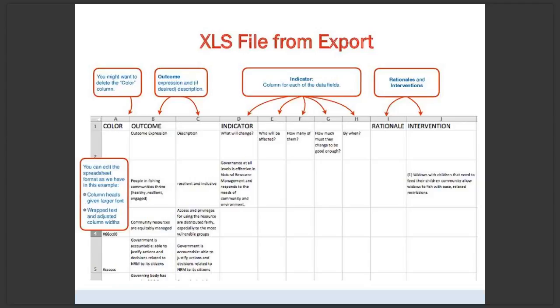But this is the color. It just reports the code. It doesn't report the color itself, but you could put the colors in if you wanted to use this spreadsheet in some way to make it clear how the outcome text corresponds to the color that you see on the map. Here's all these columns are for the indicator and its various dimensions, and then this is the rationale of the intervention.